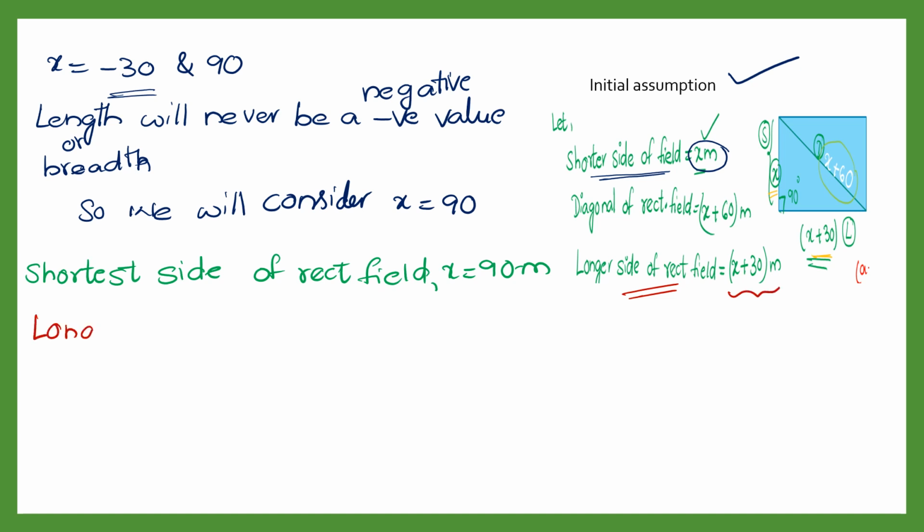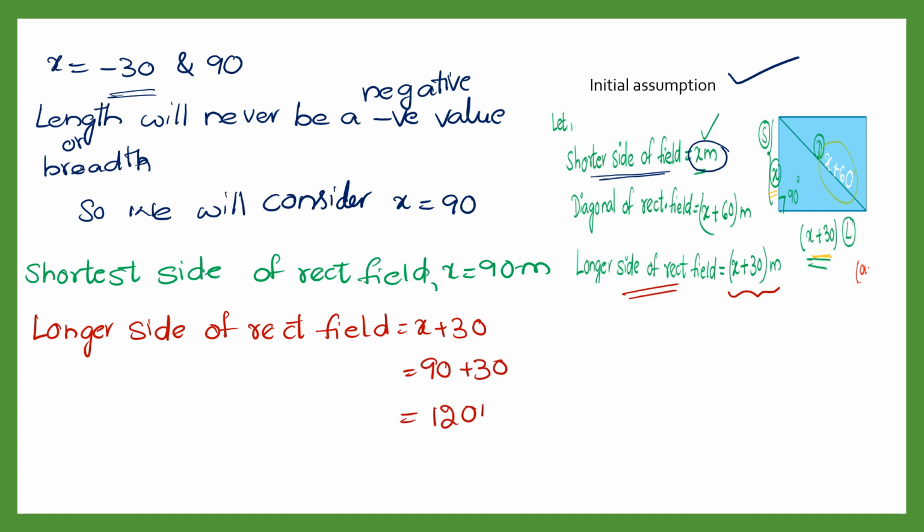So the longer side of the rectangular field will be what? x plus 30. That means 90 plus 30, that is equal to 120 meters. So we got the shortest side and the longest side of the rectangular field.